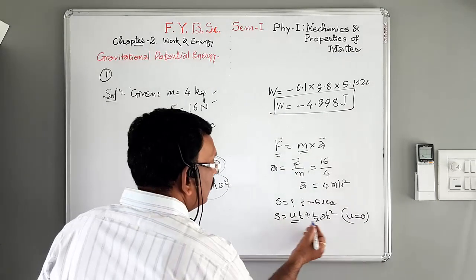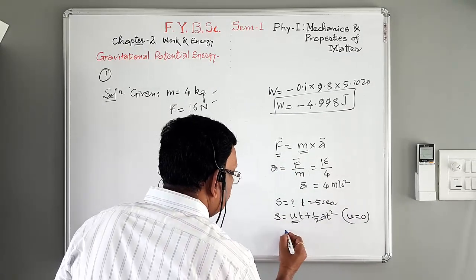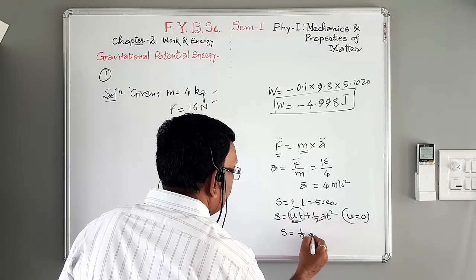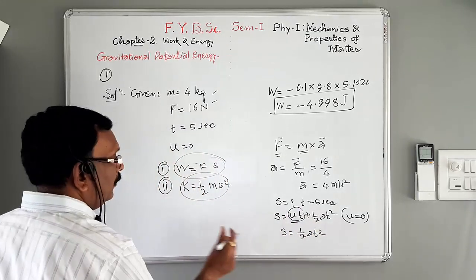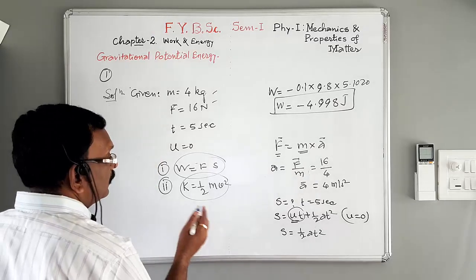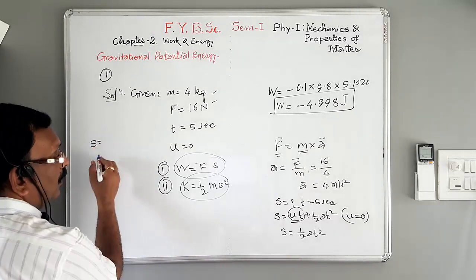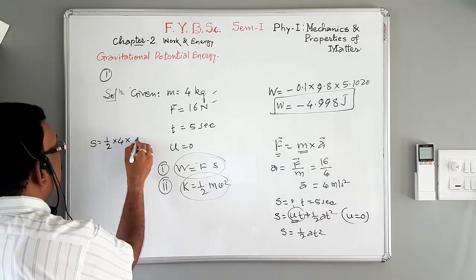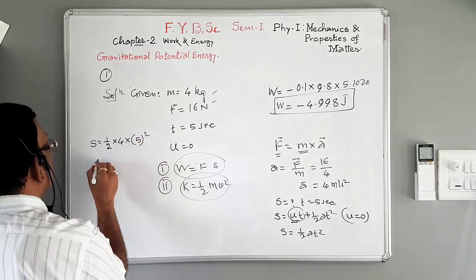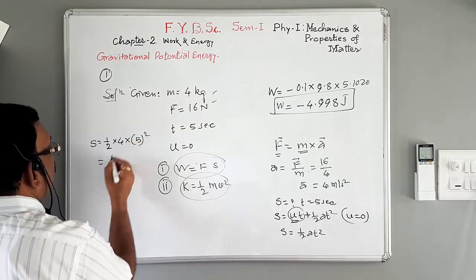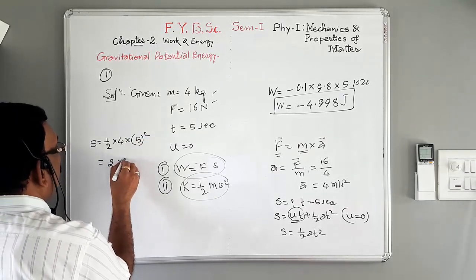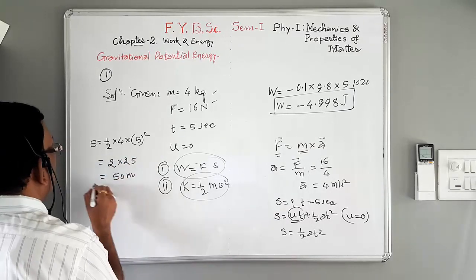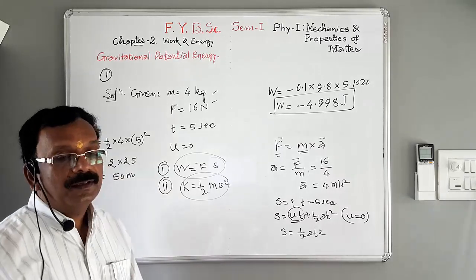So you will get S is equal to 1/2 at square. S is equal to 1/2, acceleration is 4 and t is equal to 5 square. So 1/2 into 4 is 2, into 25, and this is 50 meter. This is S.